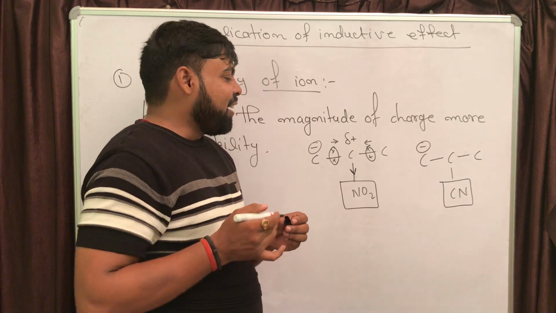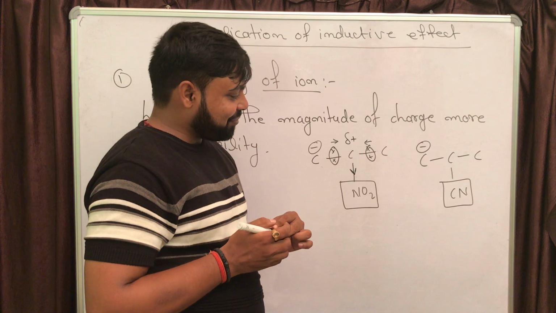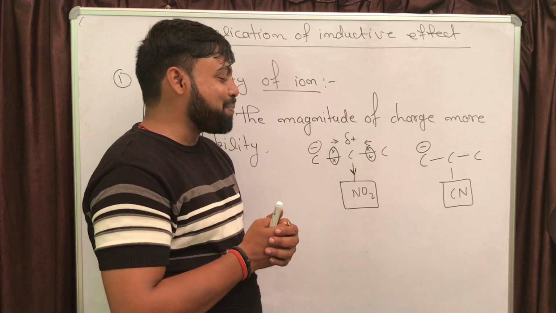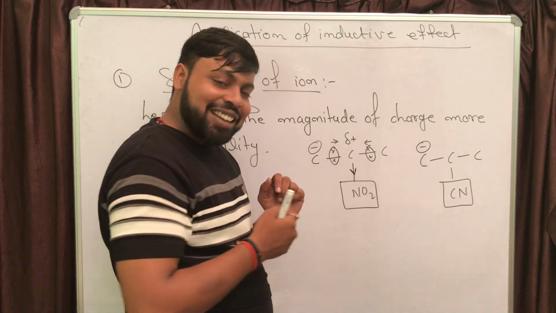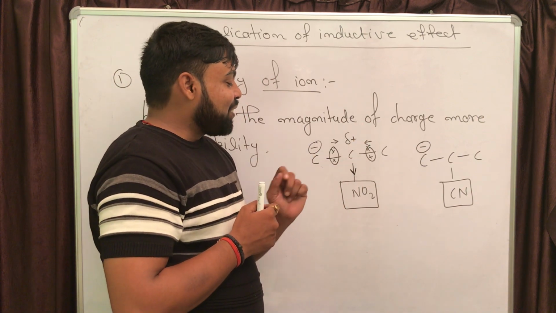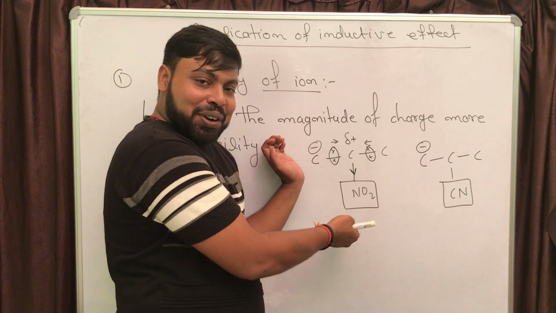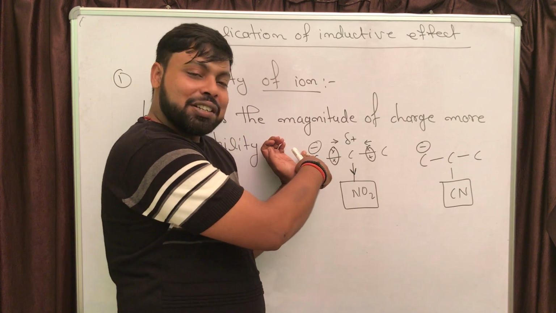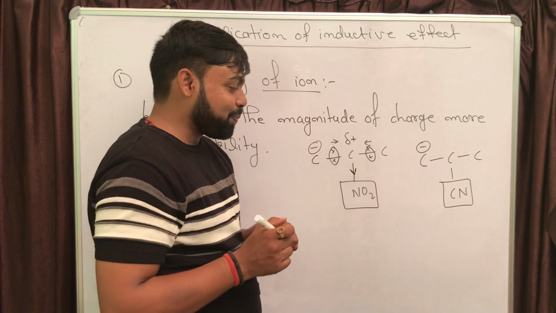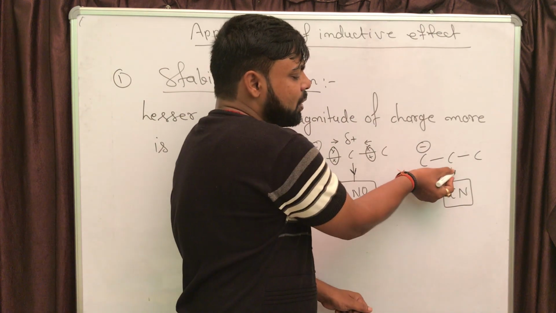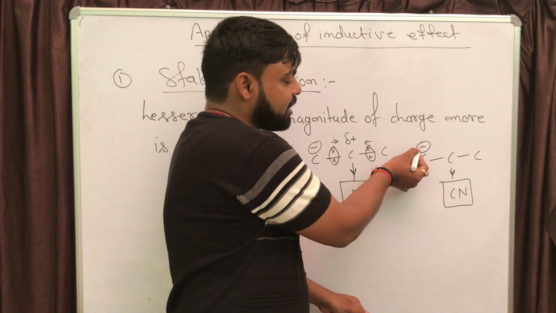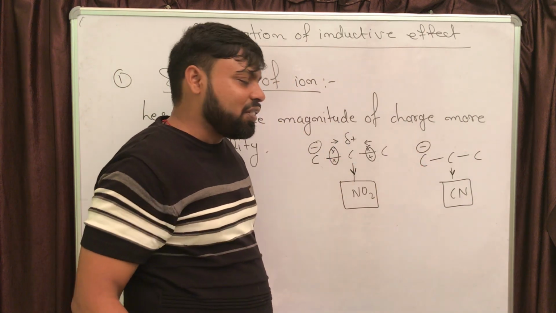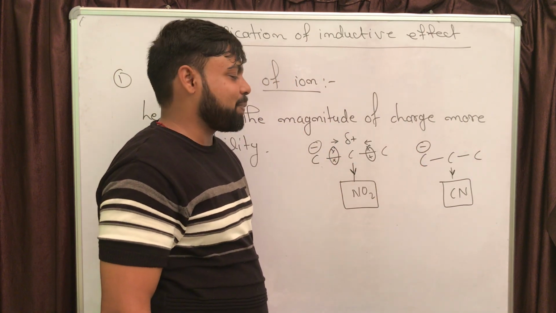One more thing is that if it is asked to compare the stability, we need to check the stability of these negative charges, right? So NO2 is withdrawing electron and this partial positive charge is going to decrease. Similarly, CN also is going to apply minus I effect, and the numerical value of negative charge is going to decrease.